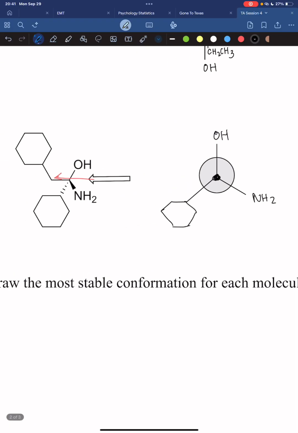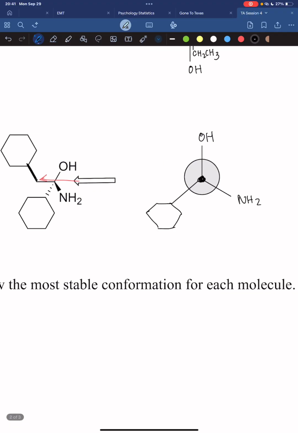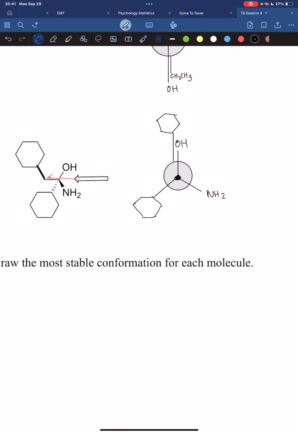Then the back carbon, let's draw it. So this other cyclohexane group is in the page. So I'm just going to draw it kind of like, you know what, let's go from this side. All right.